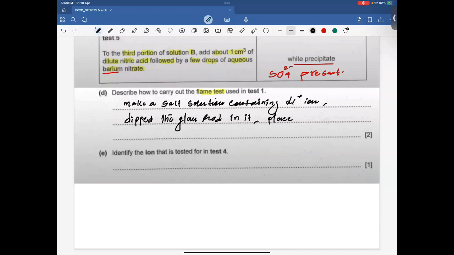Place the rod in a blue Bunsen flame. Red color is observed.